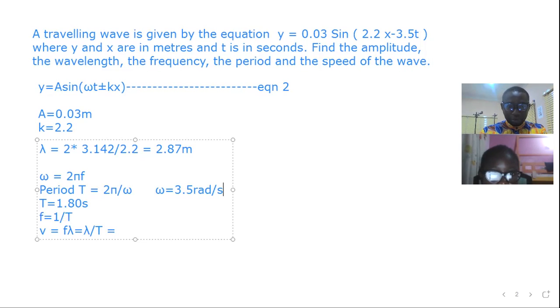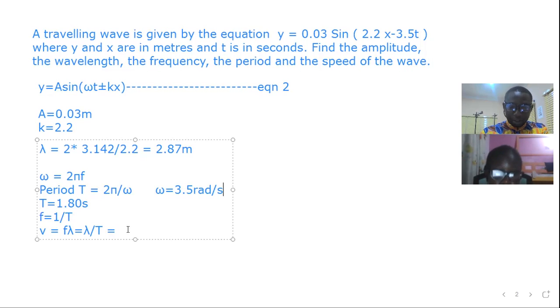Yes. Okay, so you fix your lambda there over big T, and tell me what's the speed. 1.59.